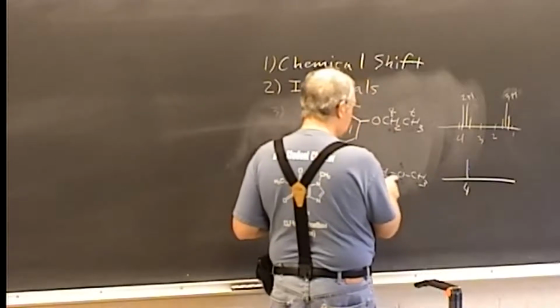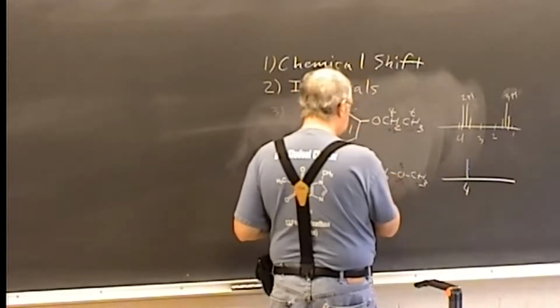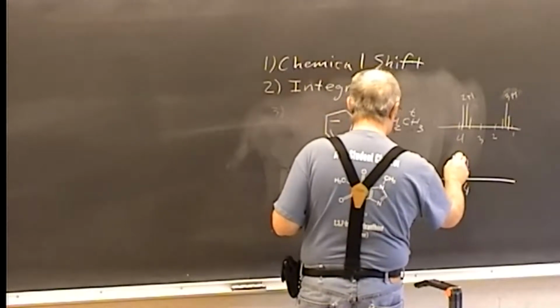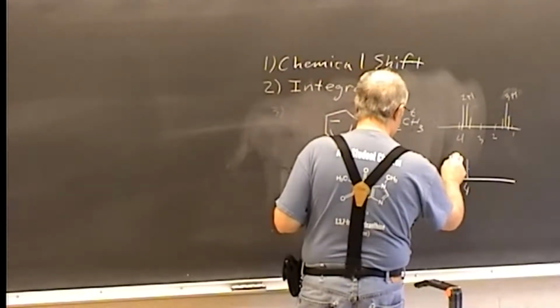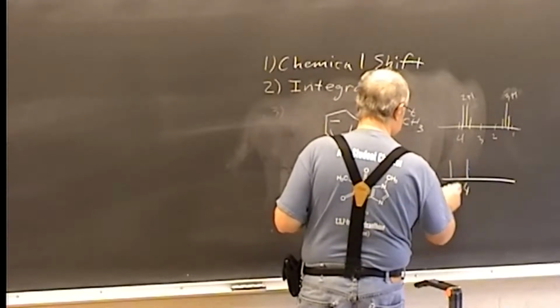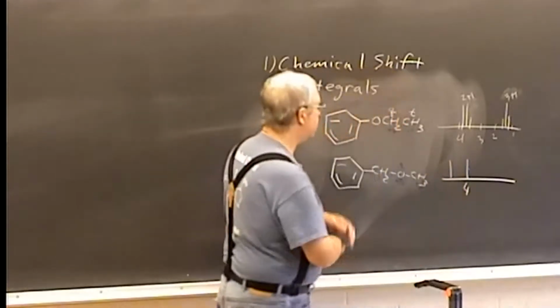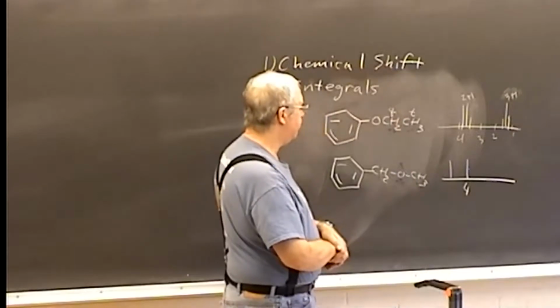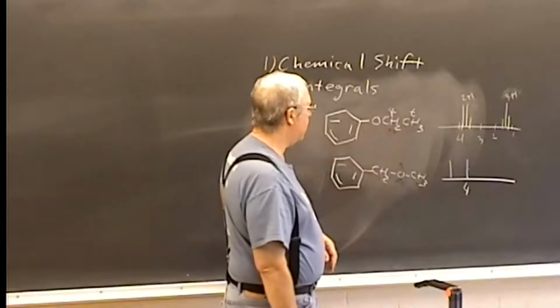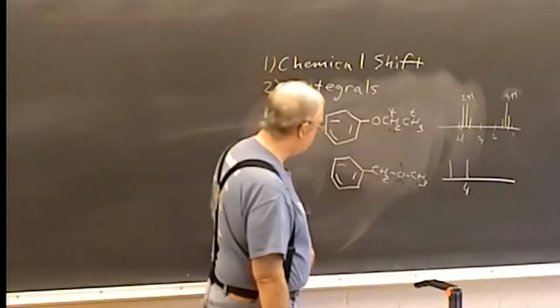It's feeling the effects both of the oxygen and the benzene ring, so that would be farther downfield, in this case maybe around 5. So we'd see 2 singlets here. So we could easily distinguish between these two compounds just based on spin-spin splitting.